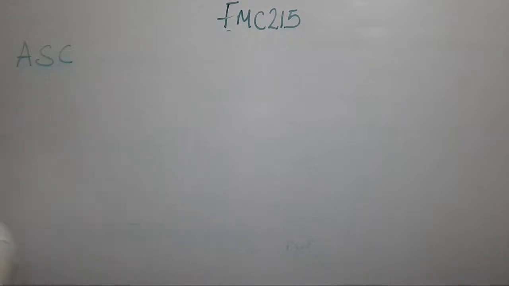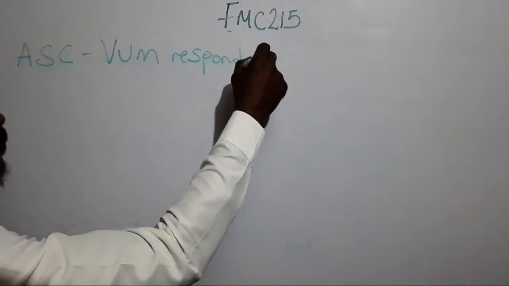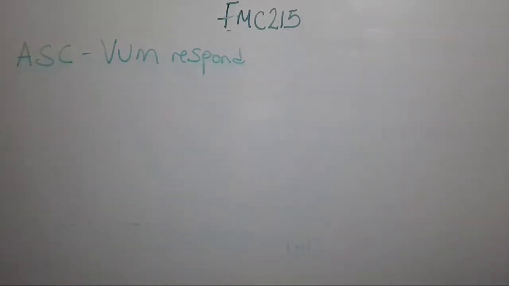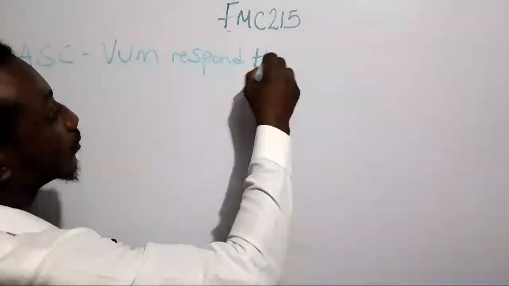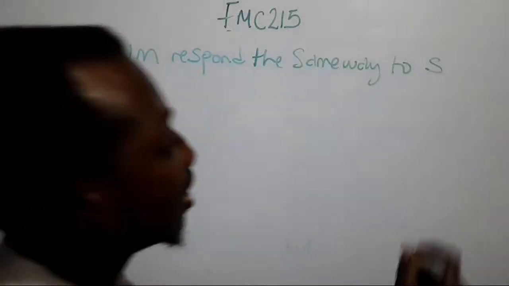To calibrate a system is to make all VU meters, usually the audio console and the record VTR, respond the same way to specific audio signals.